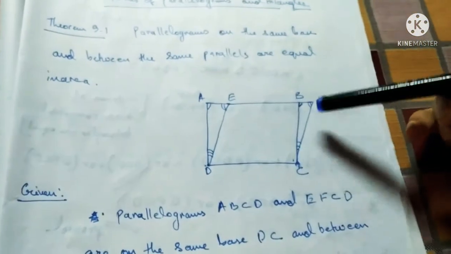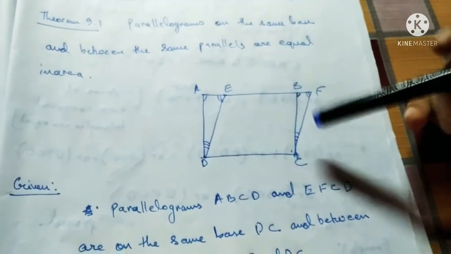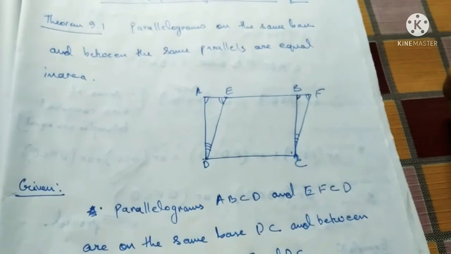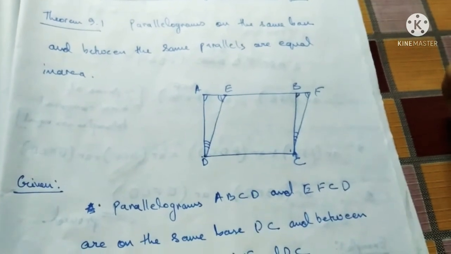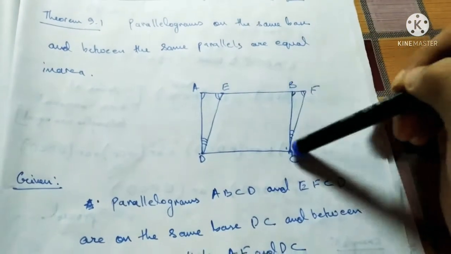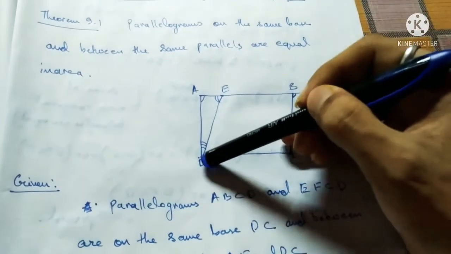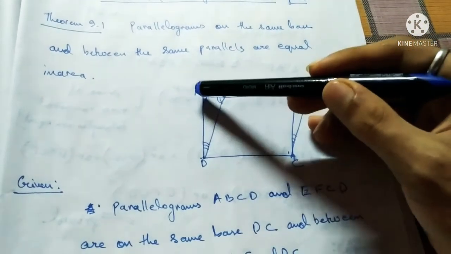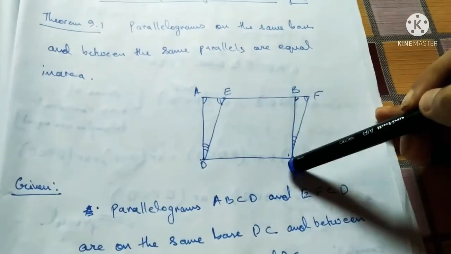In here you see parallelograms, we know that opposite sides of a parallelogram are parallel. Now if I take this parallelogram ABCD, AD will be parallel to BC.